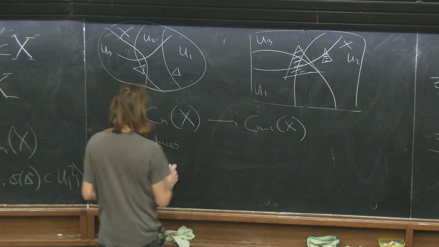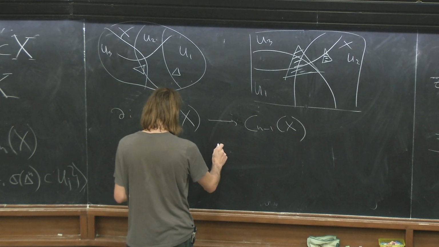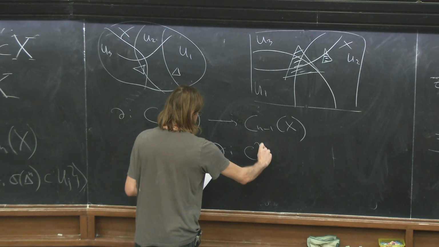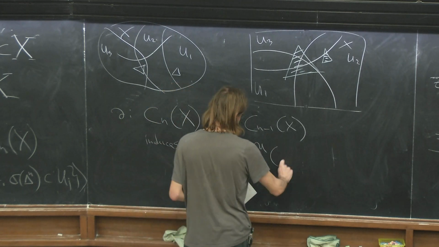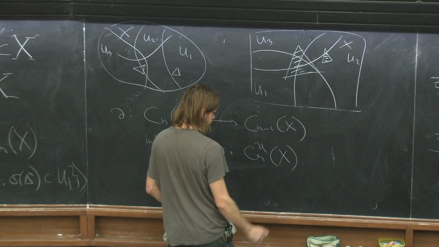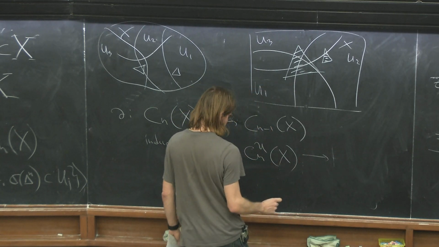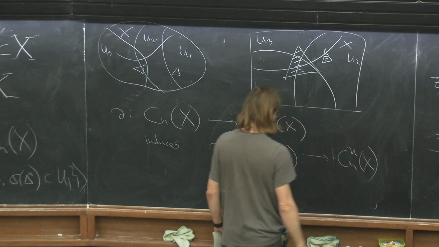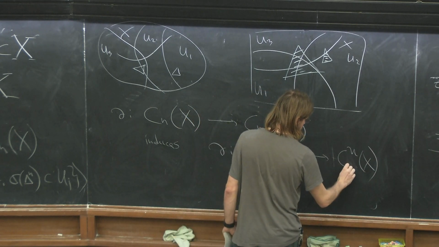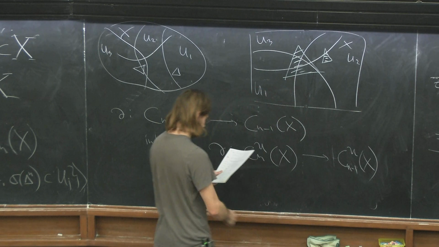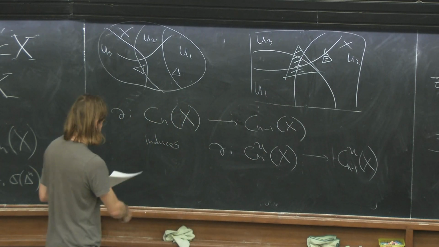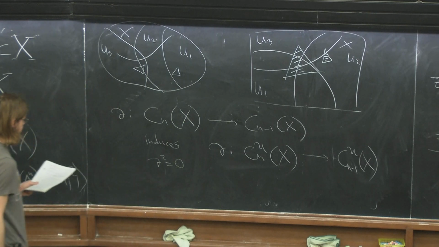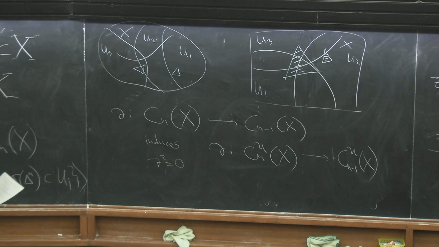So this boundary homomorphism induces a boundary homomorphism on these subgroups Cn U of X, and it satisfies the property that d squared is 0.